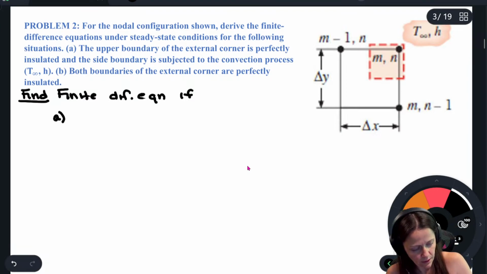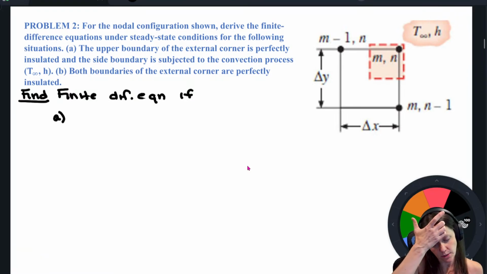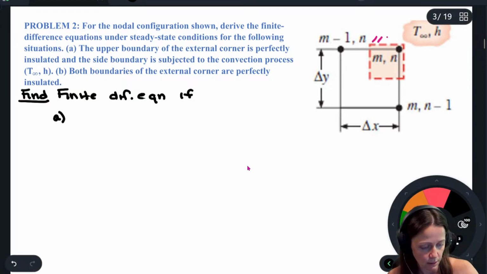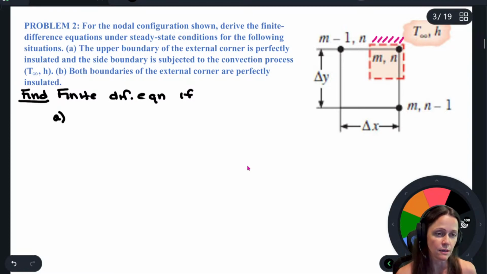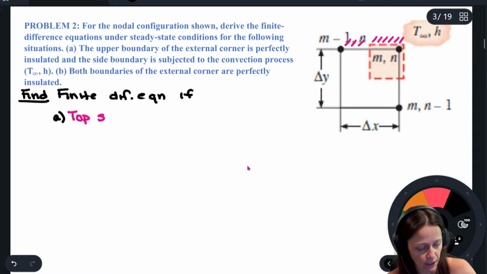For part A, the upper boundary of the external corner is perfectly insulated. So I'm going to put some insulation up here, and I'll try to color code it. So the top surface is insulated.